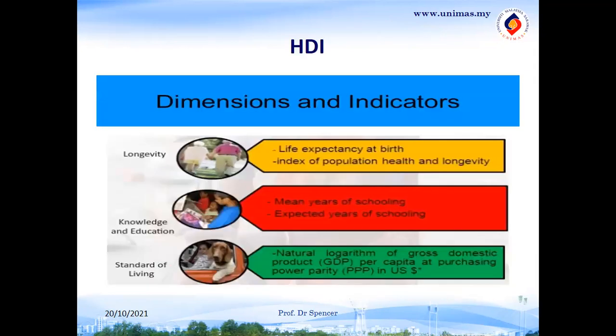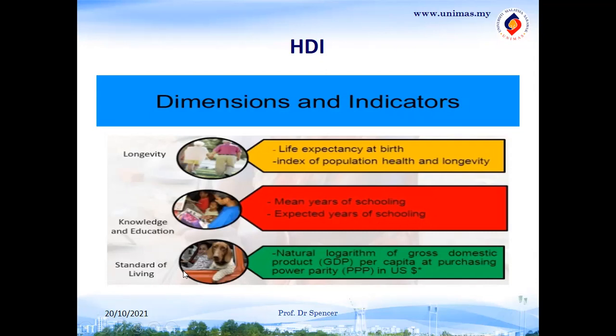So all this is taken into account to come out with the Human Development Index study. Okay, so that's another diagram here. Longevity or life expectancy at birth is the index of population health and longevity. Knowledge ataupun education is measured in terms of years of schooling ataupun expected years of schooling.